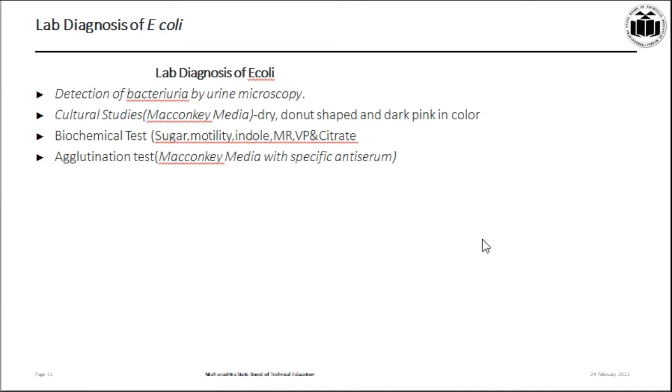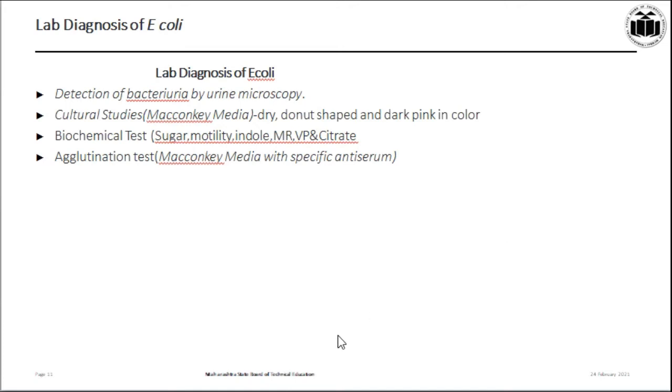Also, a certain test is used to diagnose the E. coli, that is the agglutination test. This agglutination test is done on a slide as well as on agar media, where the antiserum of this E. coli is flooded onto the colony, and if agglutination shows on the agar plate or slide, it is confirmed that the colony is E. coli.